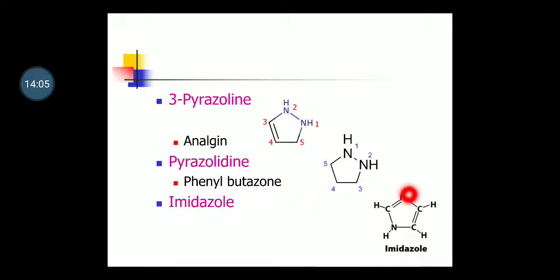If the 5-membered ring contains 2 double bonds and the relative positions of the 2 nitrogens are 1 and 2, it becomes pyrazole. If the relative positions are 1 and 3, it becomes imidazole. This is the basic difference and the clue to identify and remember the difference between these 2 rings, pyrazole and imidazole.